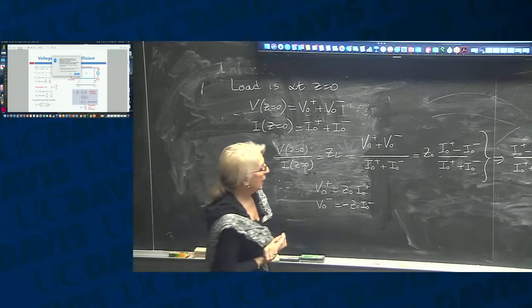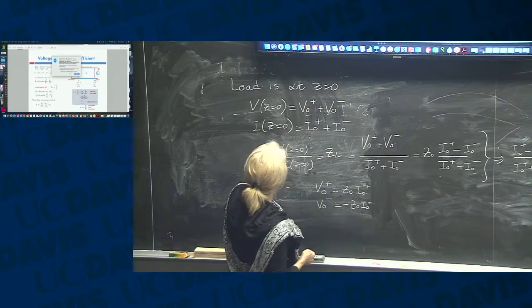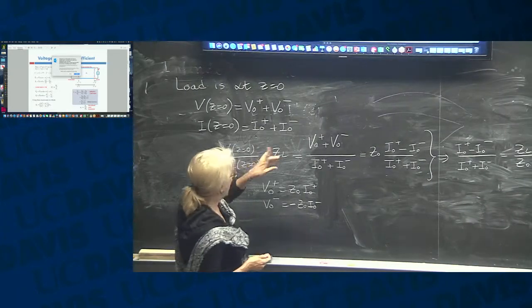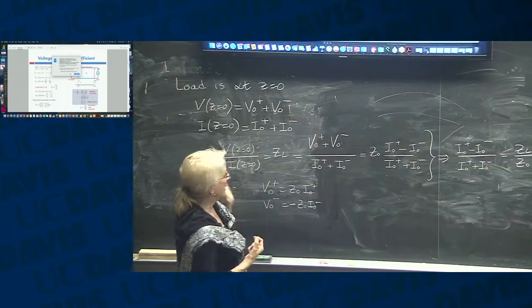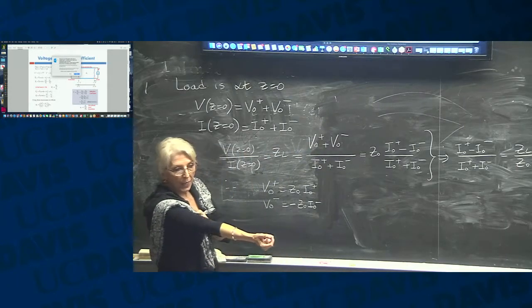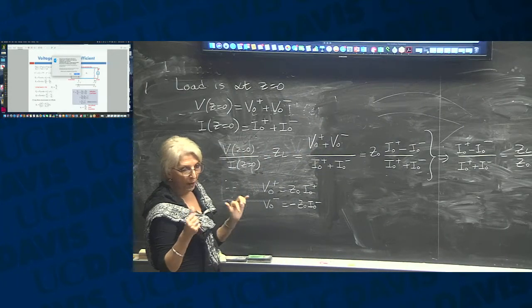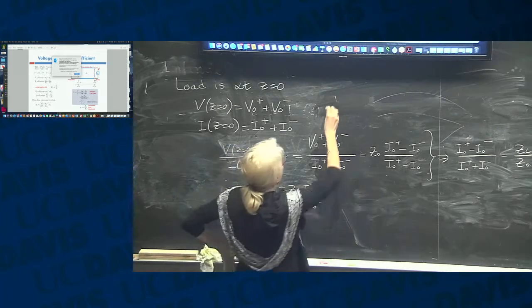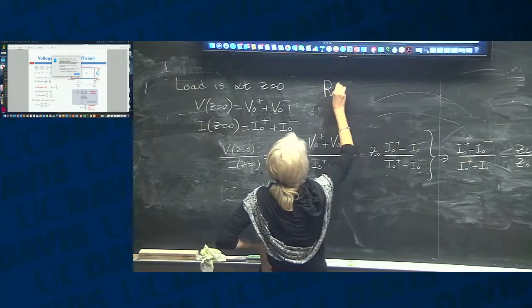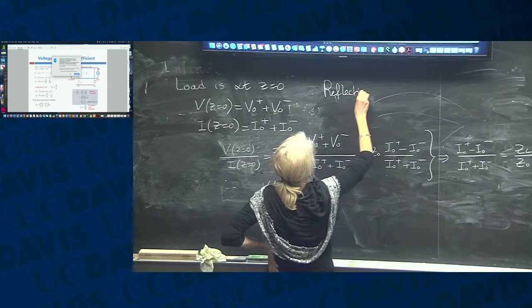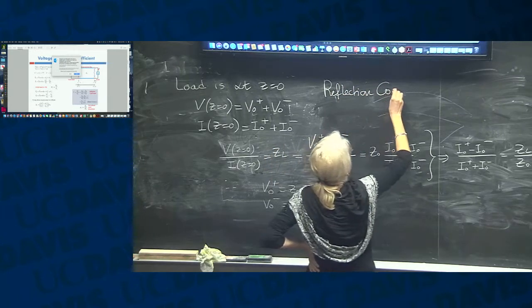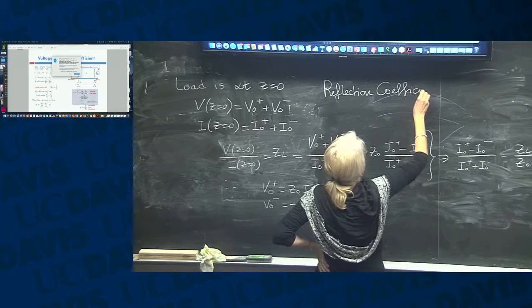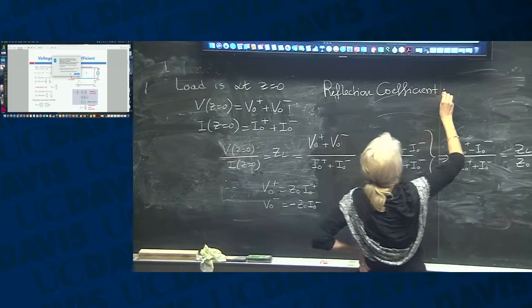So, I stop there for a moment, and now I'm defining also a new parameter. We have not defined this before. The new parameter is the reflection coefficient. How do we define the reflection coefficient?